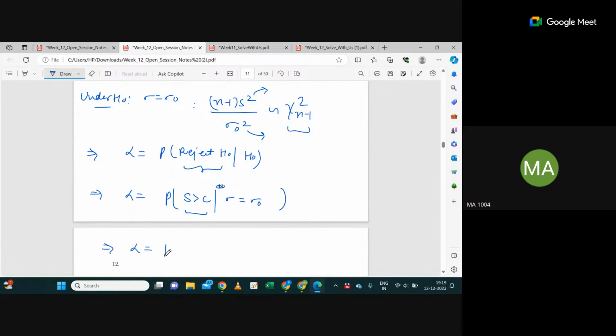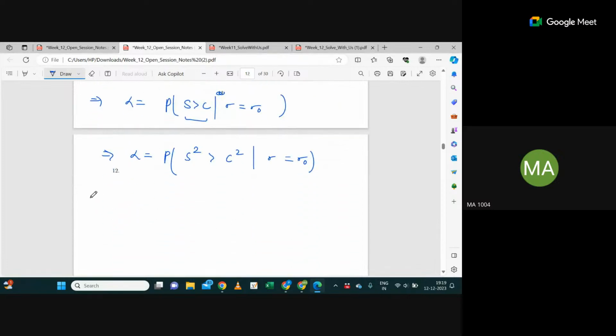So alpha is equal to, simply, probability of S square greater than C square, given that sigma equals sigma naught. I can write that or not? Yes. Now keep this statistic in your mind. I know n minus 1 S square divided by sigma square follows chi-square with n minus 1.